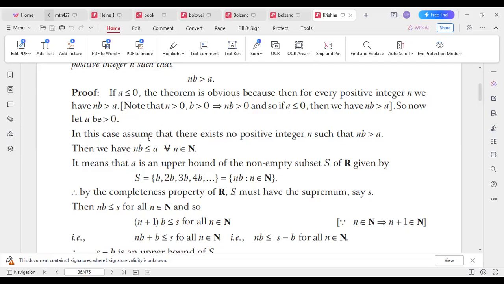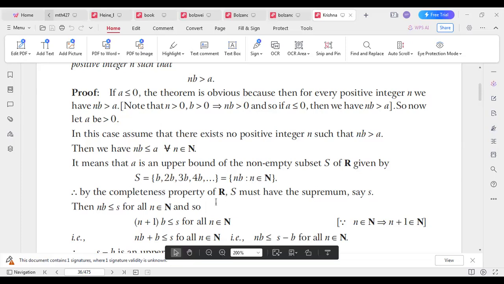In this case, we assume that there exists no positive integer n such that nb is greater than a. So we have nb less than or equal to a for all n belonging to the natural numbers. It means that a is an upper bound of the non-empty subset S of real numbers given by S equals b, 2b, 3b, 4b, etc. So it can be written as nb such that n belongs to the natural numbers.